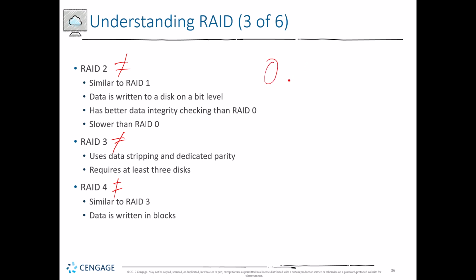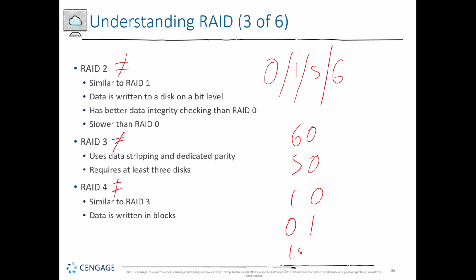RAID 0, 1, 5, 6, or variations of RAID 0, 1, 5, and 6, like RAID 60, or RAID 50, or RAID 10, or RAID 0 and 1, or 1.5, which kind of are all the same. Variations of RAID 1 and 0 put together.